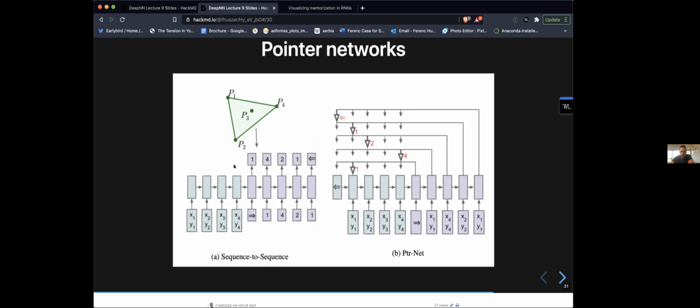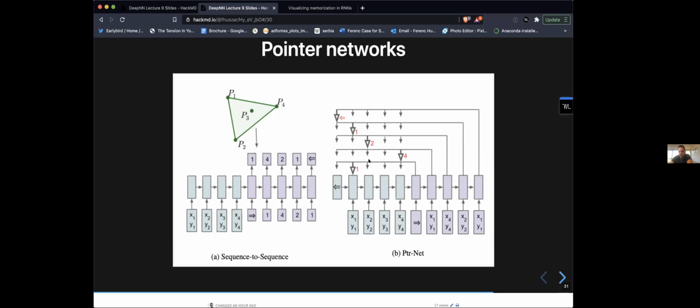The problem with this is that if you want to use this for longer sequences, then the vocabulary that you need to use on the right-hand side, the number of different integer indices that you can output, also grows. And this makes it a little bit difficult to solve for a sequence-to-sequence network. So what this pointer net does instead is, instead of providing a character string output of different integers, it produces pointers to previous hidden states.